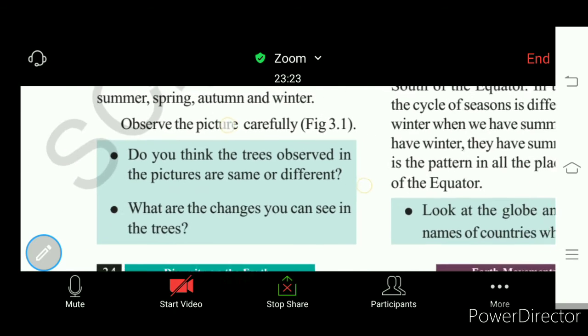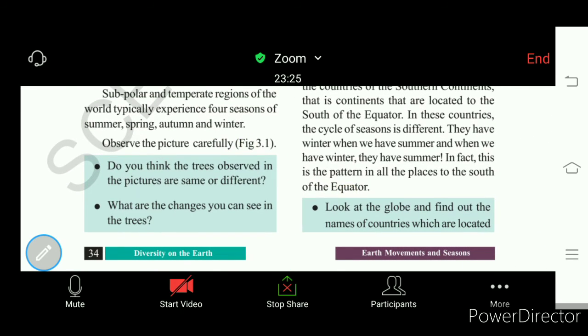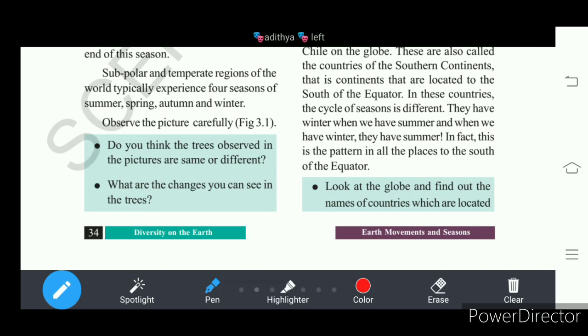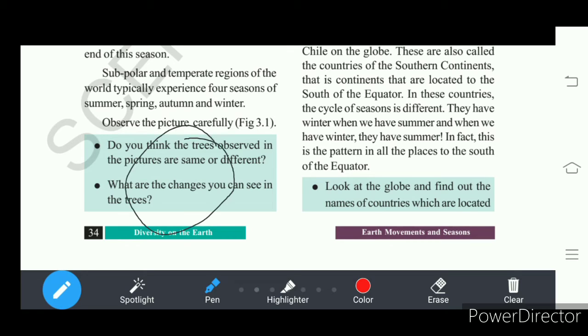So we see that in subpolar regions and temperate zones, there won't be an experience like India. That means the world typically experiences four seasons: summer, spring, autumn, and winter.